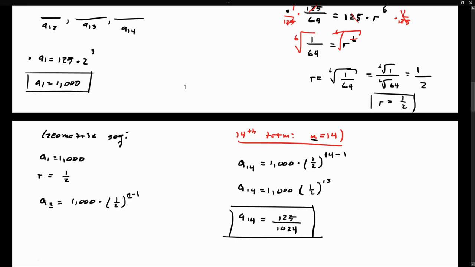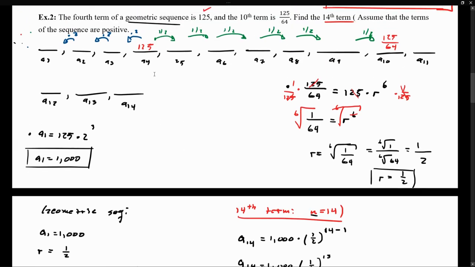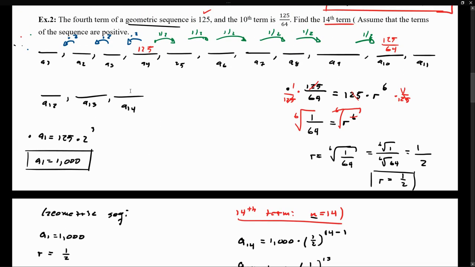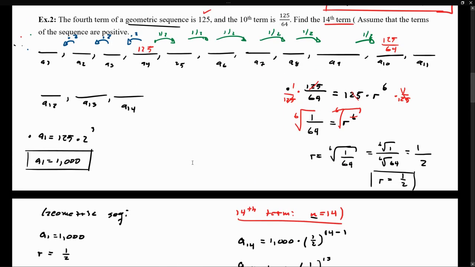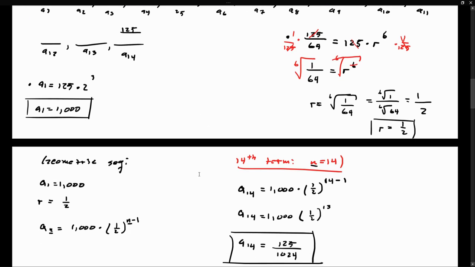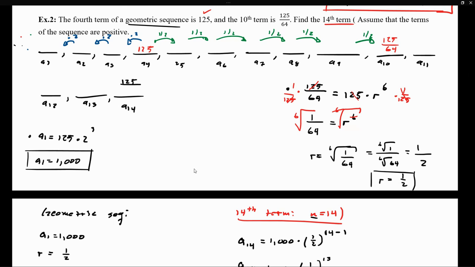So if we go back to our equation here, perhaps right here on the 14 slot, we could write down the expression 125 over 1024. And this is actually what we wanted.